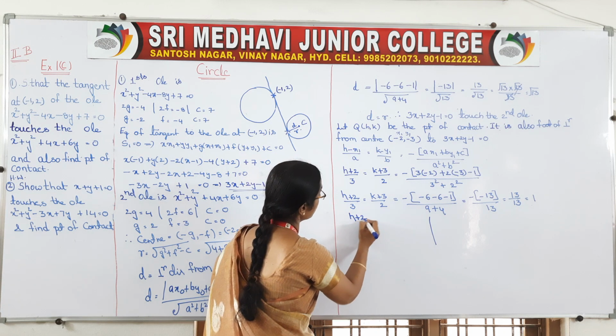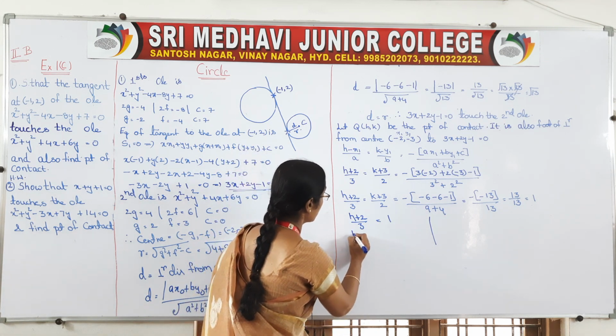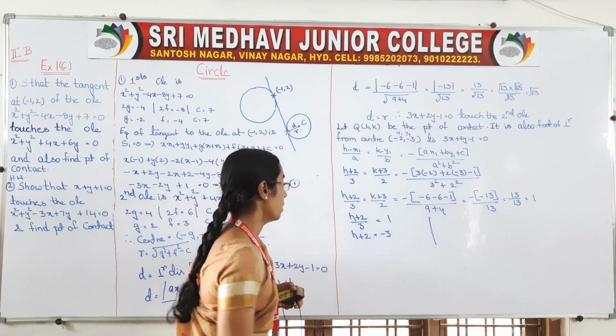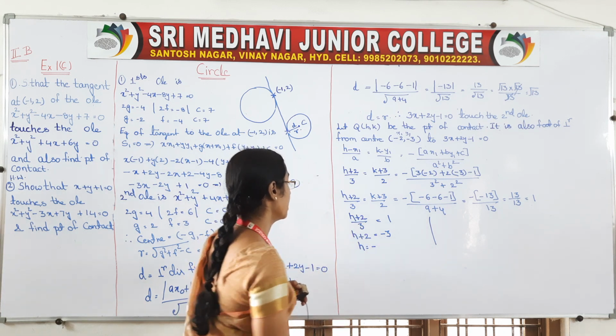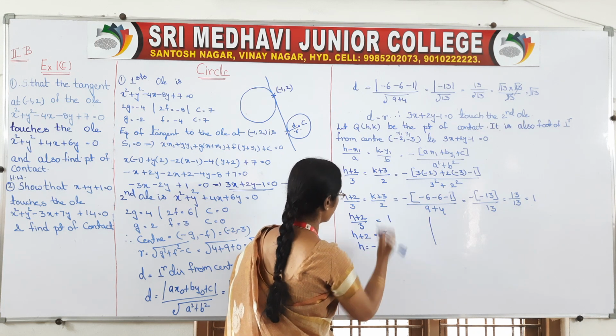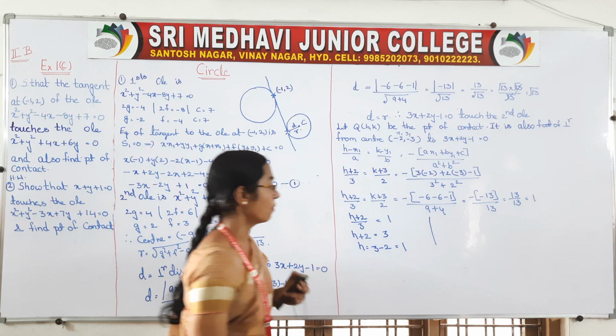So (h + 2)/3 = 1, so h + 2 is equal to 3, so h is equal to 3 minus 2, it is 1.